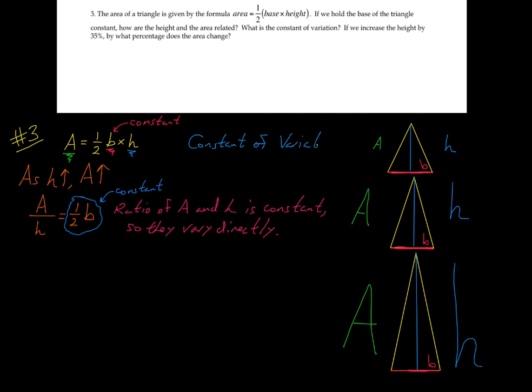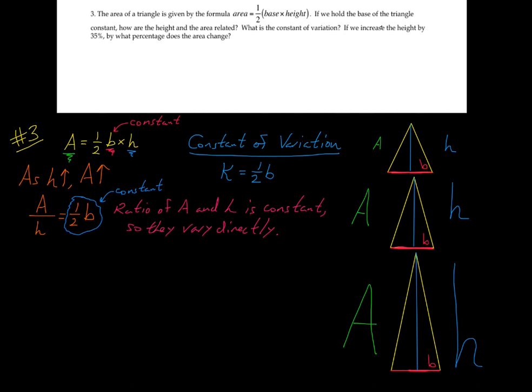In the definition of direct variation, we said that y divided by x came out to be k, a constant. Well, that's exactly what we have here. A divided by h is this particular constant, 1/2 the base. So really we're just saying that the k in this instance is just 1/2 of this fixed base value. Alright, great.